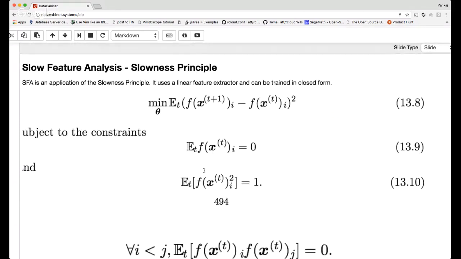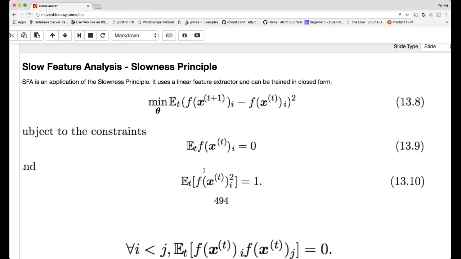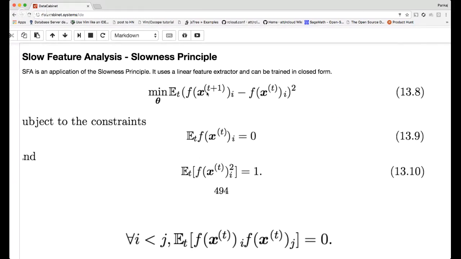Slow feature analysis uses the slowness principle, and it uses a linear extractor. So if you think of f as a linear transformation of the picture, and you are trying to figure out all the parameters of this matrix, then this becomes slow feature analysis.